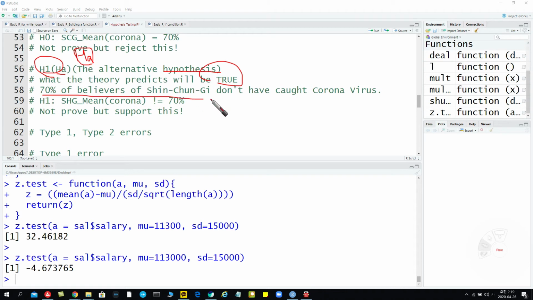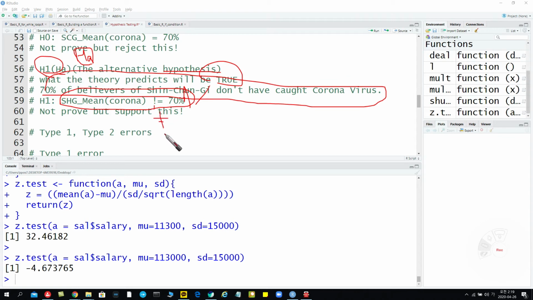So we make this kind of statement: 70% of the believers of Shincheonji, this religious group, have not caught coronavirus. This is H1, and it means not 70%.